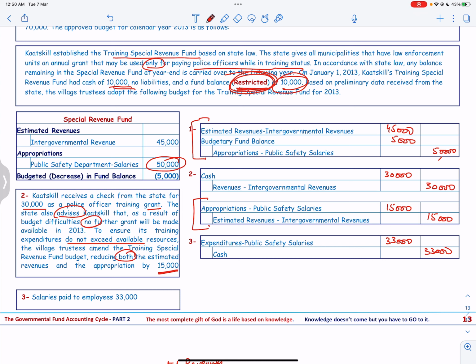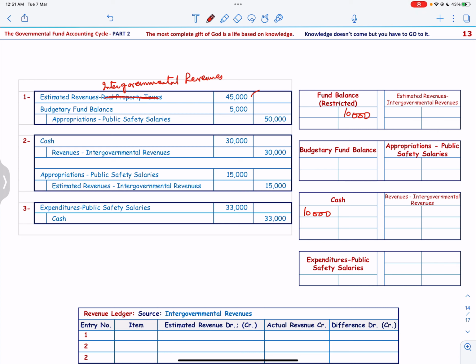So this is debit by 45,000 and budgetary fund balance is debit by 5,000. Appropriations are credit by 50,000.